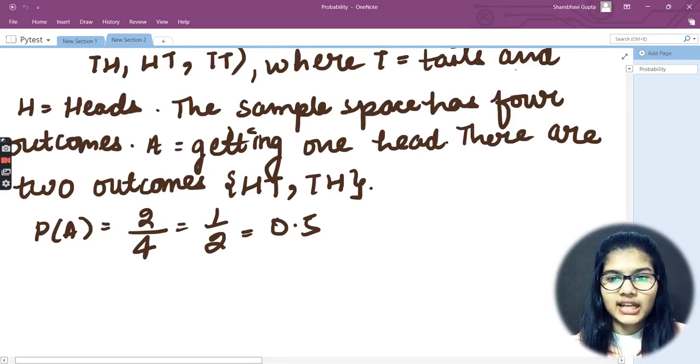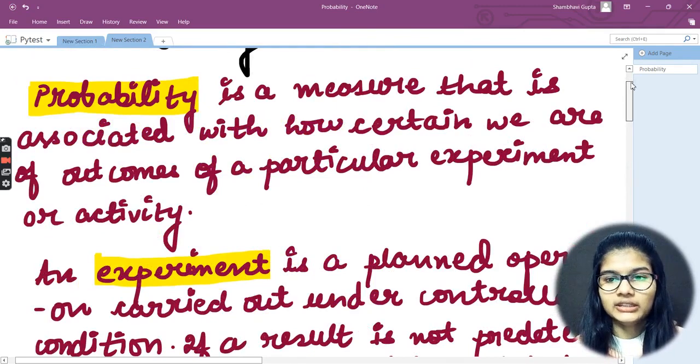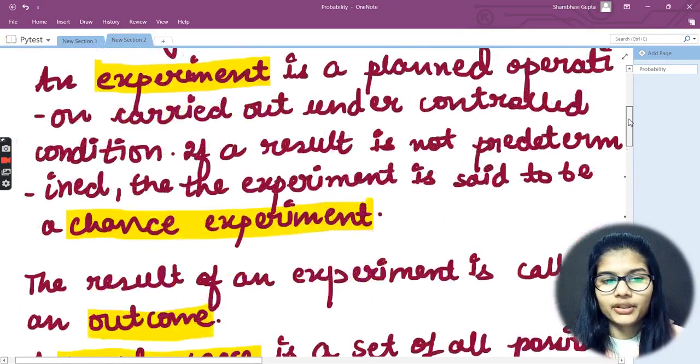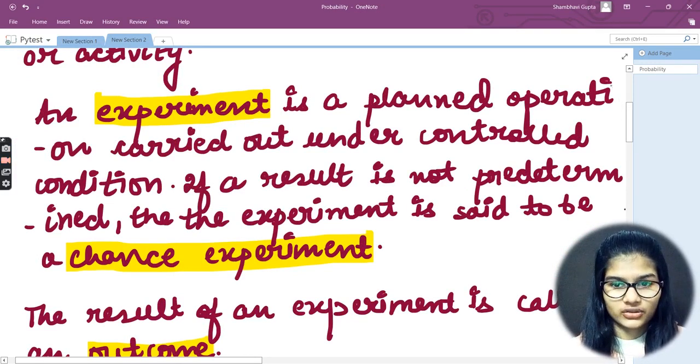Right, now what I want to do is revise these terminologies once for you, because it will be much easier for you to relate to the things. So we started here with what an experiment is, right? It is a planned operation which is carried out under controlled conditions.